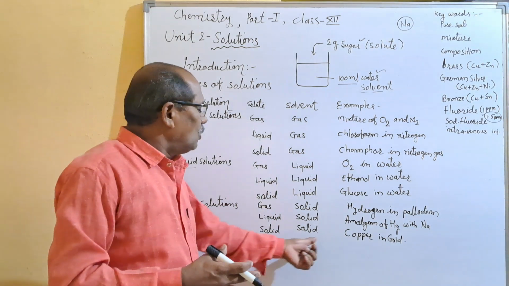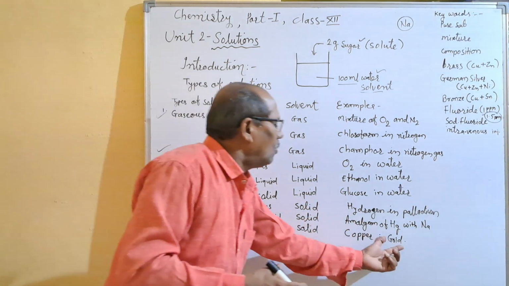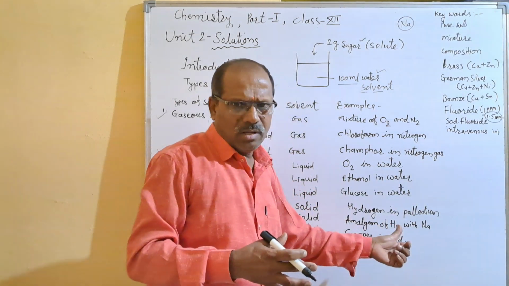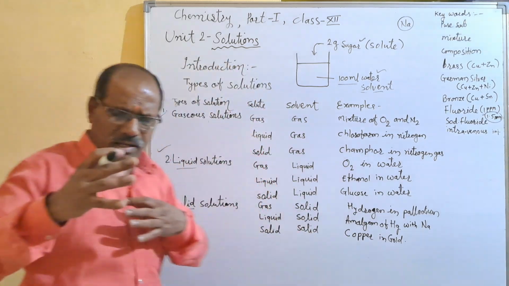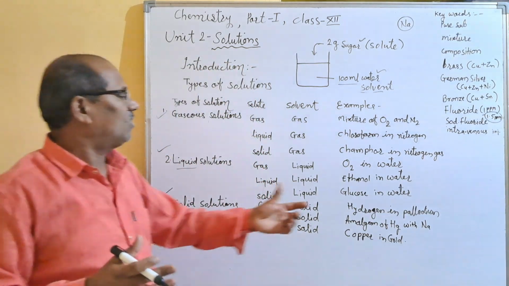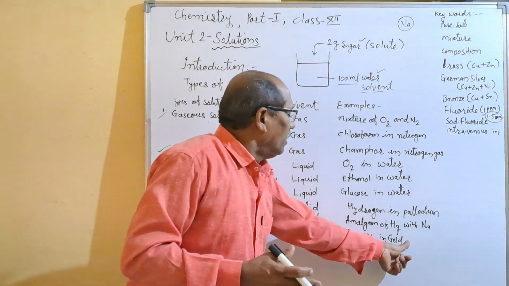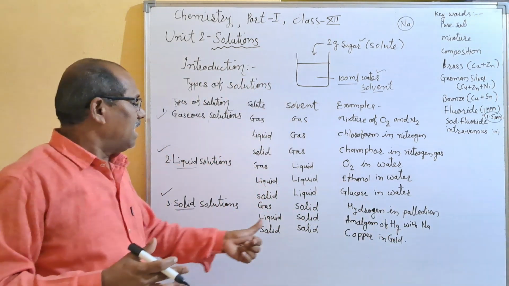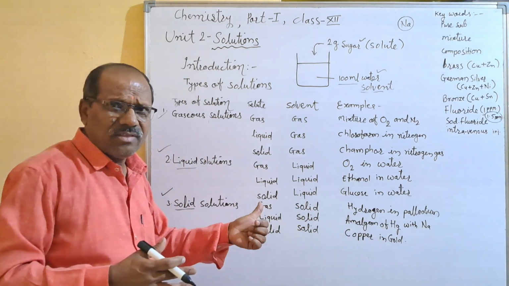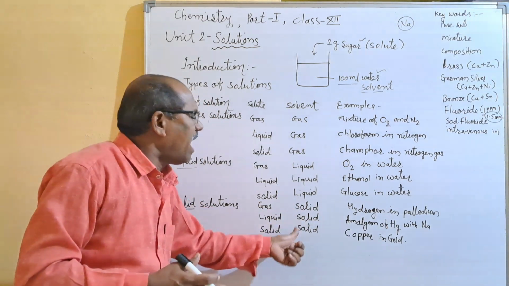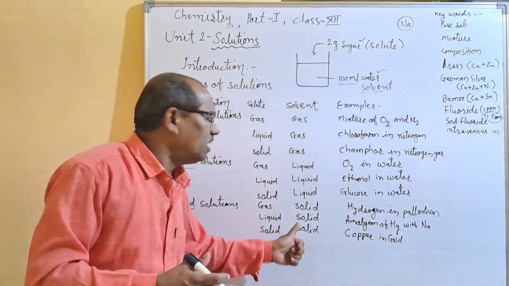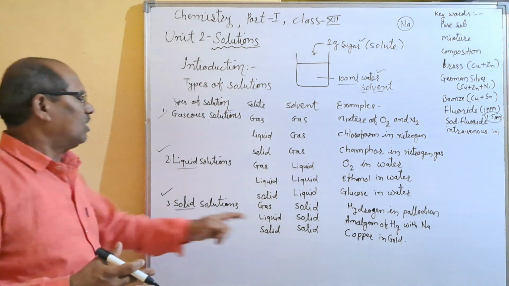The solid part is gold, the symbol of gold is Au, which is in a larger quantity, hence it acts as the solvent and decides the physical state of the given solution, that is a solid solution.